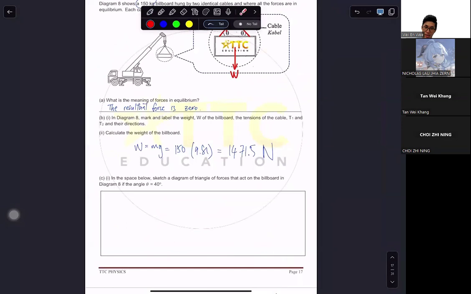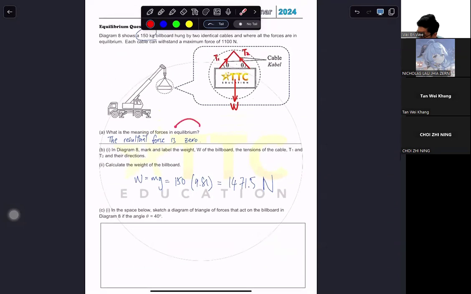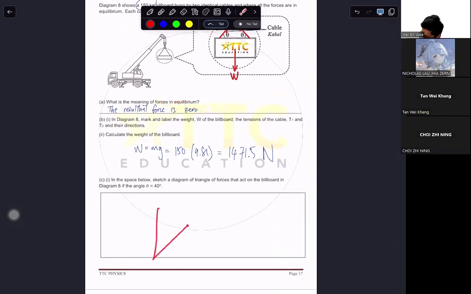Now sketch a triangle of forces that act on the billboard if the angle is 40 degrees. When something is in equilibrium, and only when it's in equilibrium, your triangle will be perfectly closed, meaning the arrows will all match up with each other.